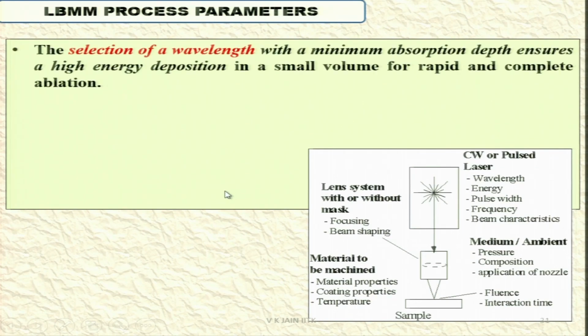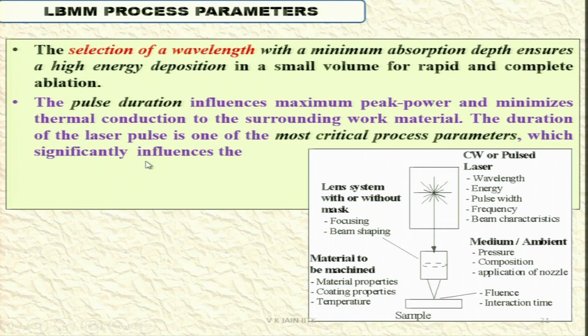The selection of wavelength with a minimum absorption depth ensures a high energy deposition in a small volume for rapid and complete ablation. The pulse duration influences maximum peak power and minimizes thermal conduction to the surrounding work material.